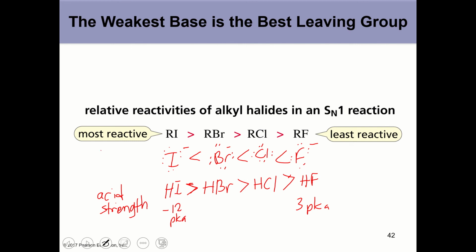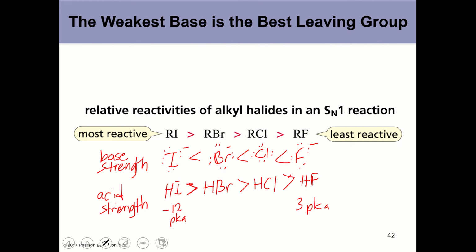And then in the middle we have base strength: strong acid, weak base. So iodide is the weakest base, and iodide is less basic than fluoride. Hydrofluoric acid is the weakest acid, and so it has the strongest base. And the way that helps us with reactivity is that the weakest base is the best leaving group.